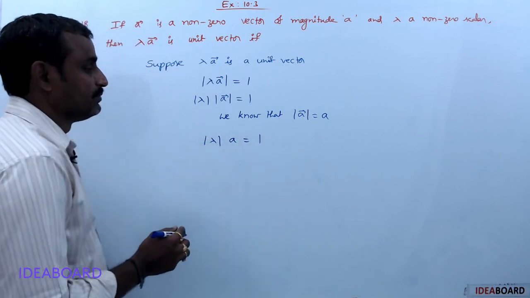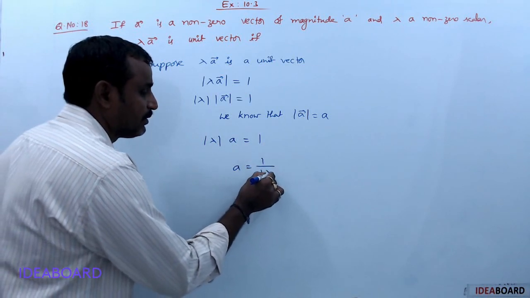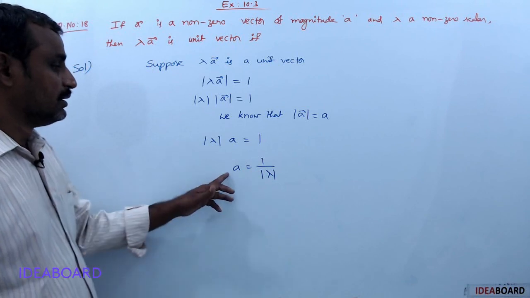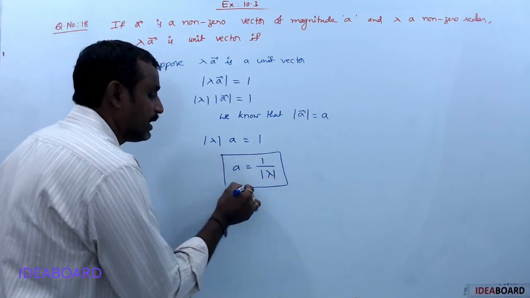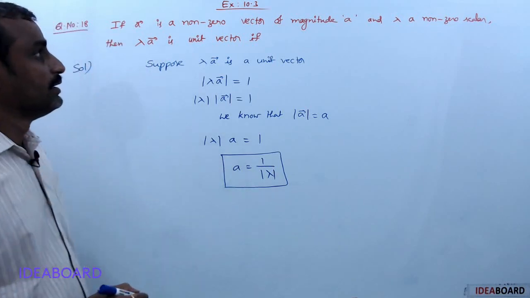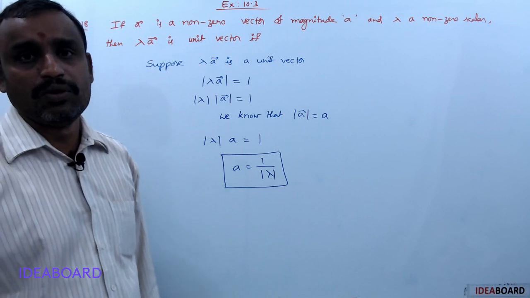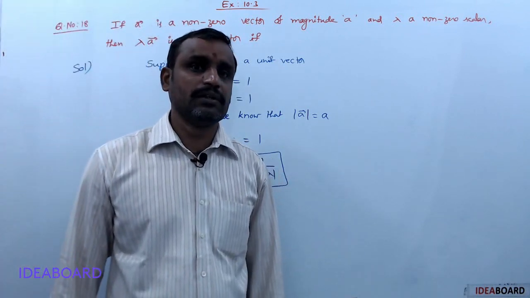So A is equal to 1 by magnitude of lambda. So now this is the required solution. A value is equal to 1 by magnitude of lambda, then lambda A bar is a unit vector. This is the required solution for this question.